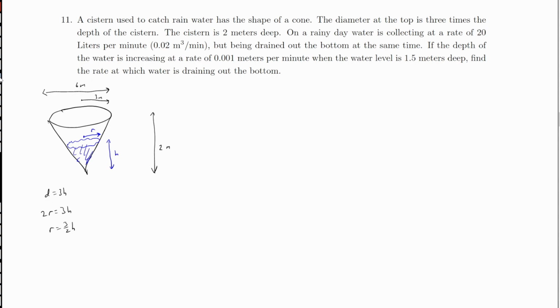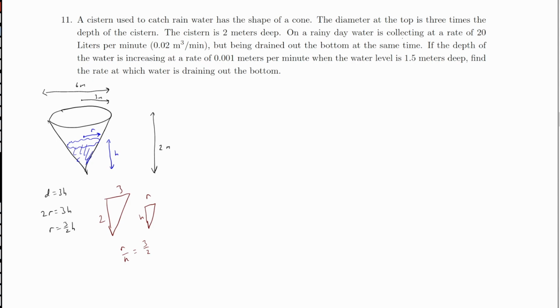Another way to get to the same conclusion is just to make some similar triangles. On my container, I have this triangle where the height is 2 and the top radius is 3, and then inside the water, we have r and h. So setting this up, r over h is equal to 3 over 2. Okay, and I can get the same relationship.